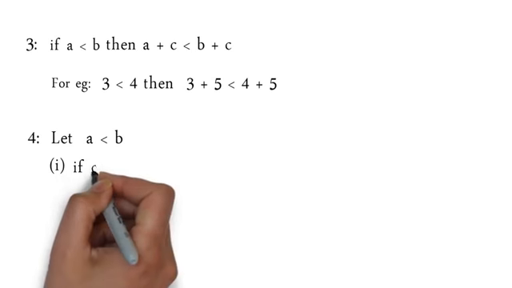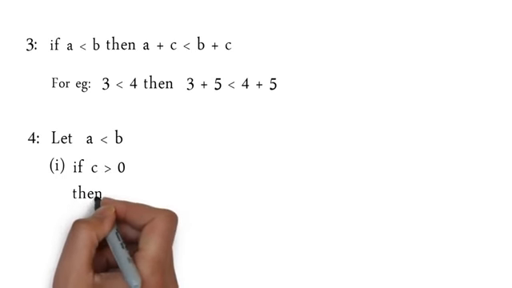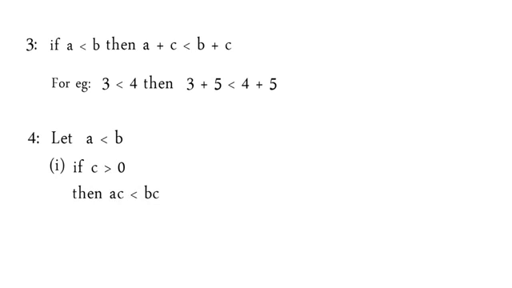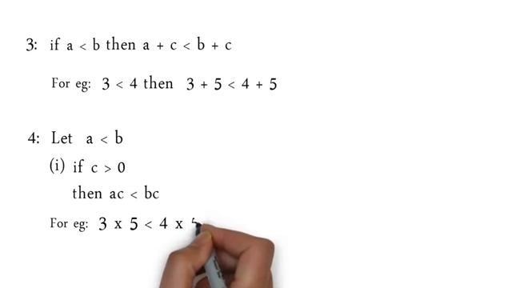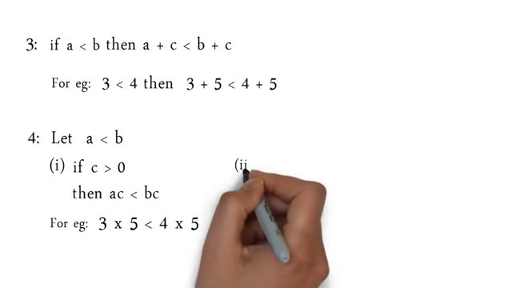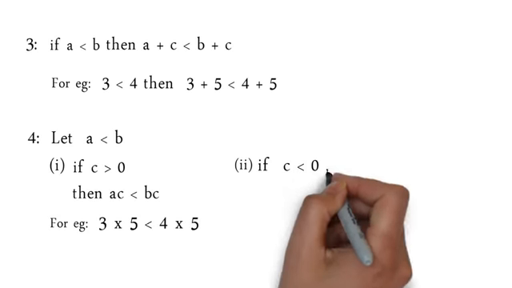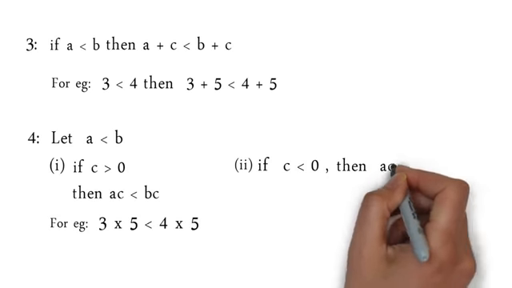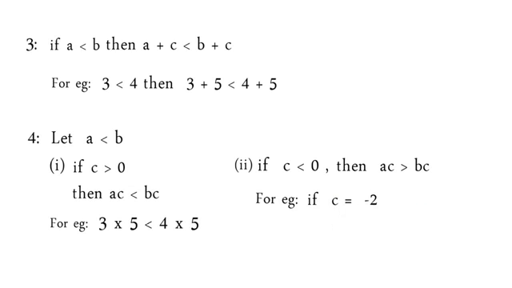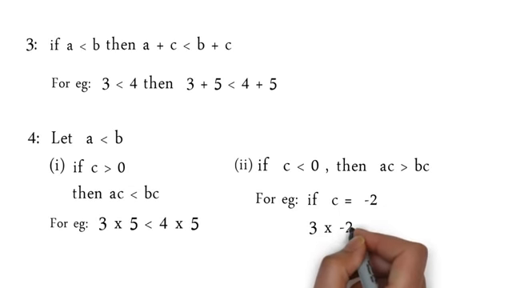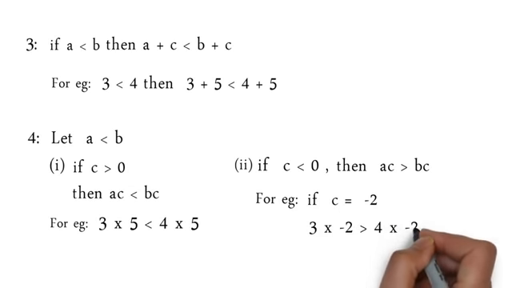First, if c is greater than 0, then ac is less than bc. For example, 3 by 5 is less than 4 by 5. And second, if c is less than 0, then ac is greater than bc. If c is equal to minus 2, then 3 into minus 2 is greater than 4 into minus 2.